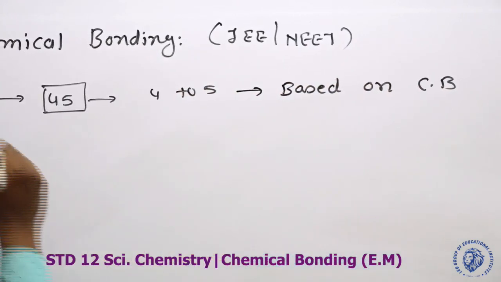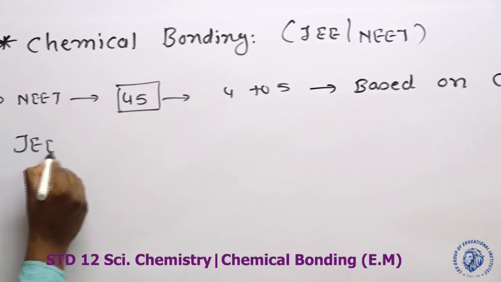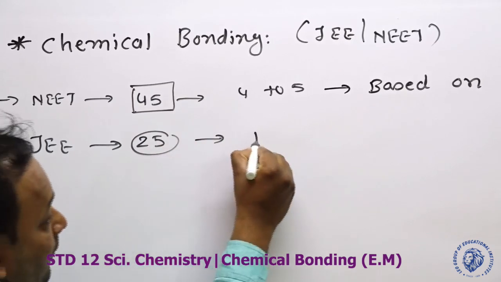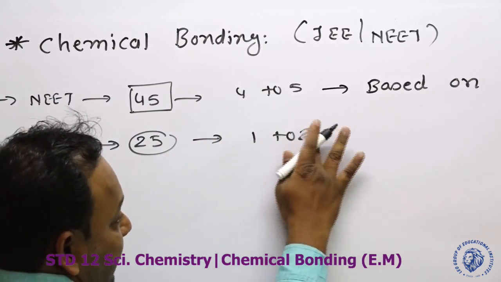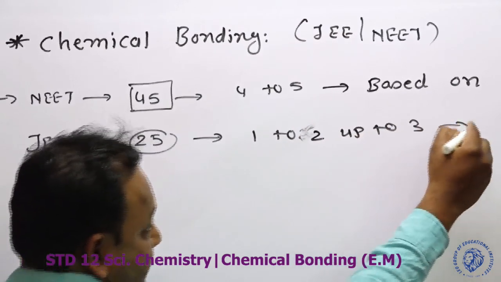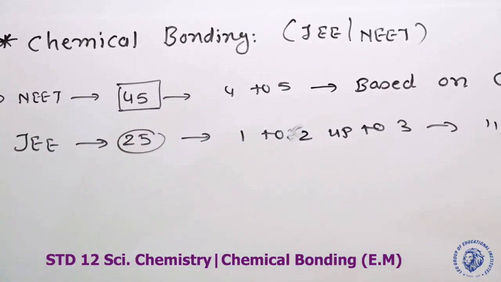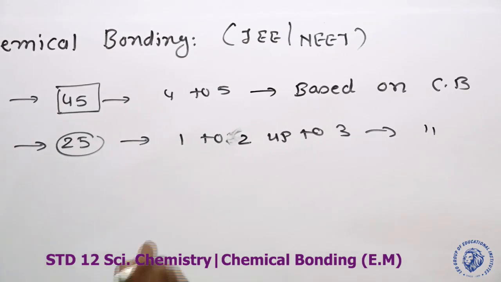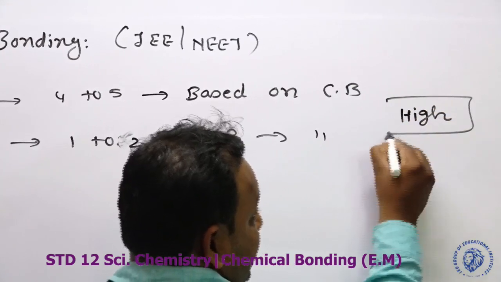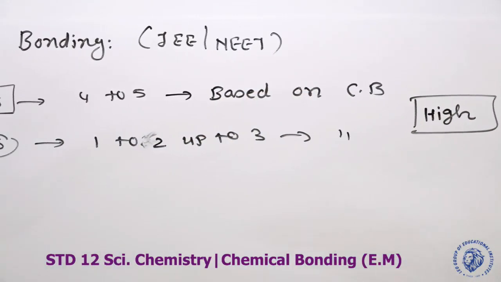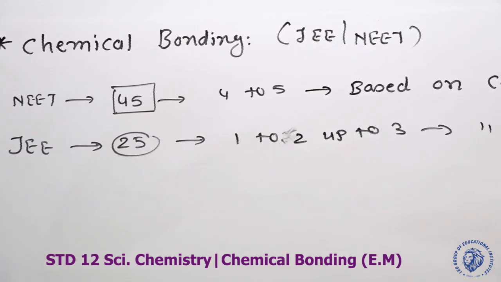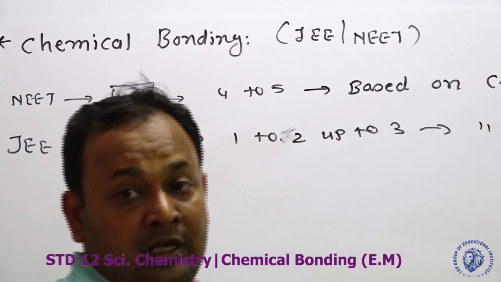Even for JEE examination, out of 25 questions, 1 to 2 questions, or it may be up to 3, are based on chemical bonding. So the weightage of this chapter is very high. It is necessary for all the students to study this particular chapter in detail for JEE and NEET examinations.